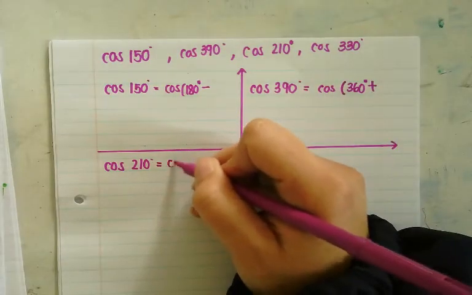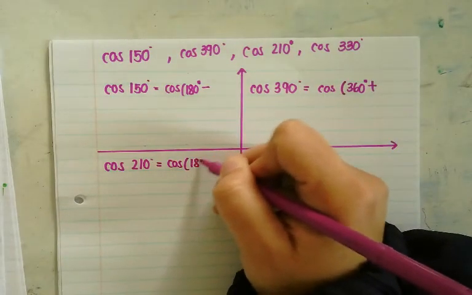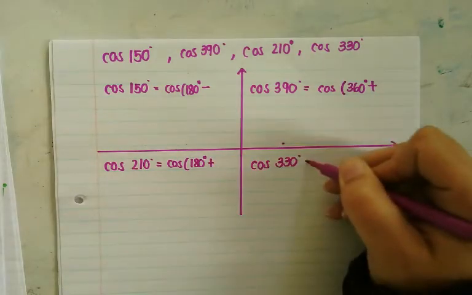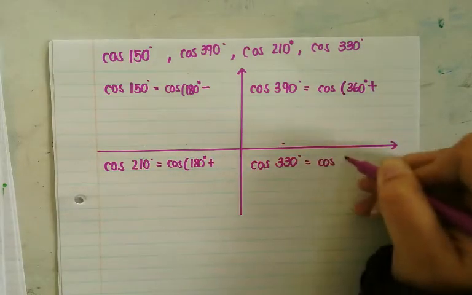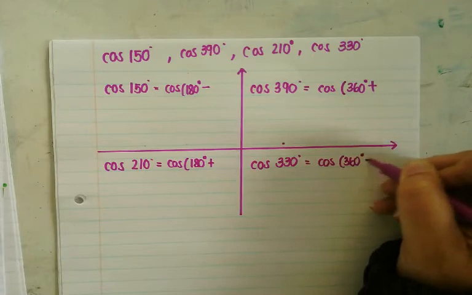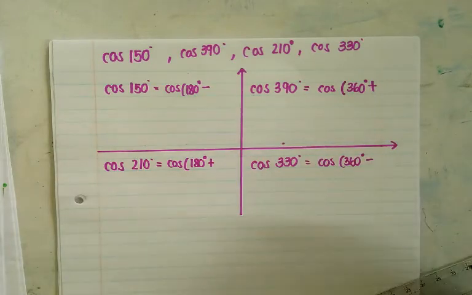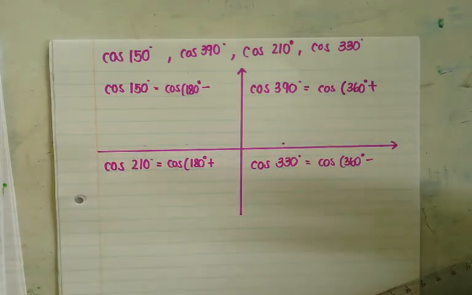My third quadrant should be cos 180 plus, and my last one should be cos 360 minus. Now you, I'm going to press freeze again, need to find out what needs to go in there. What acute angle will give me 150 if I'm minusing it from 180? Will give me 210 if I'm adding to 180, and will give me 330 if I'm minusing from 360.